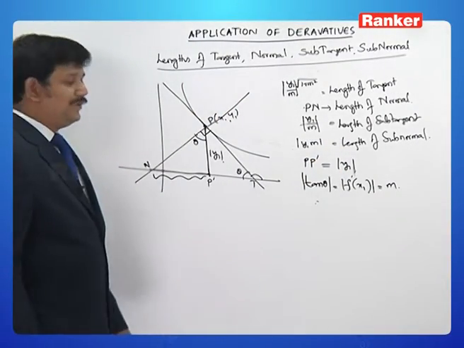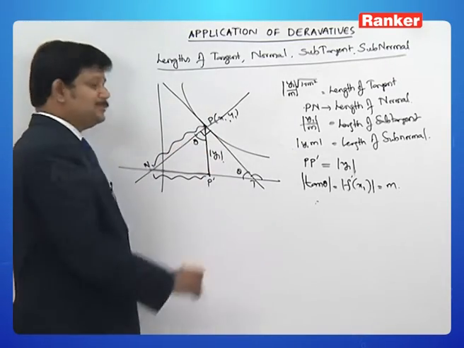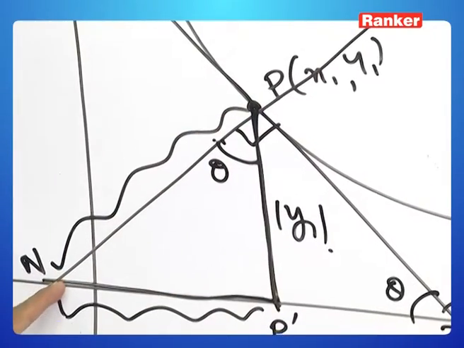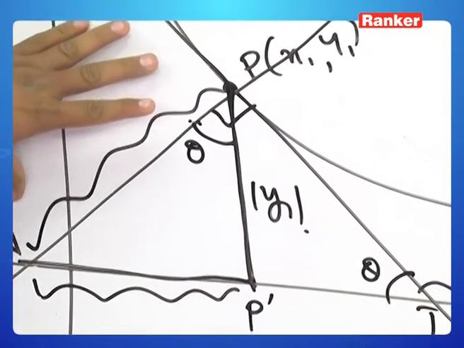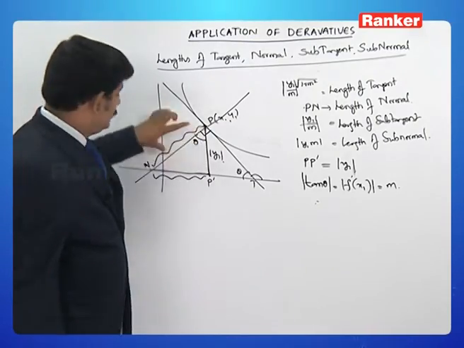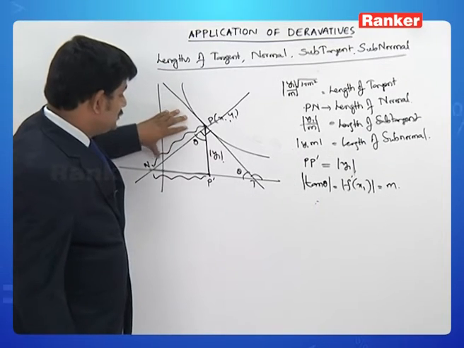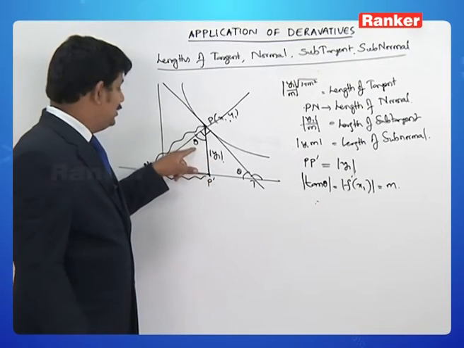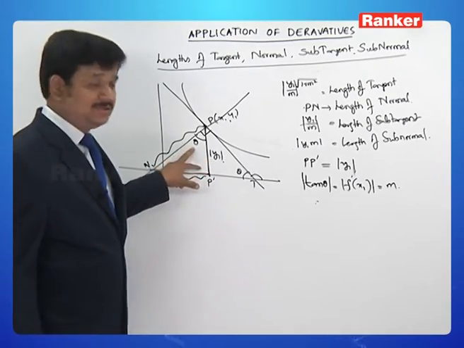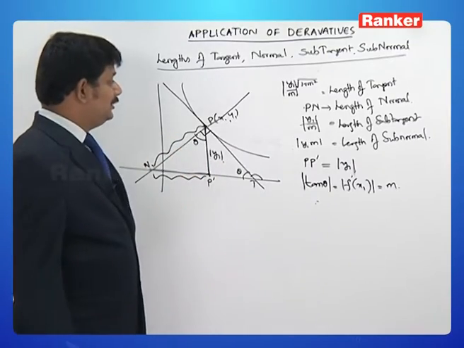Now we are left with finding the length of the normal. Length of the normal is PN. Observe the triangle P dash N. It's a right angle triangle and PN is the hypotenuse. The adjacent side is mod y1, and the hypotenuse is what we have to find. So hypotenuse is given by mod y1 divided by cos theta.